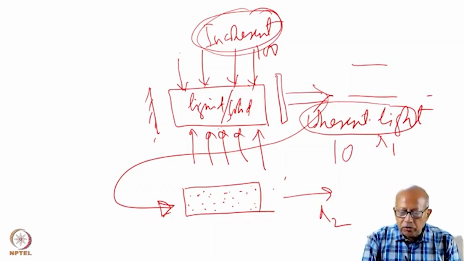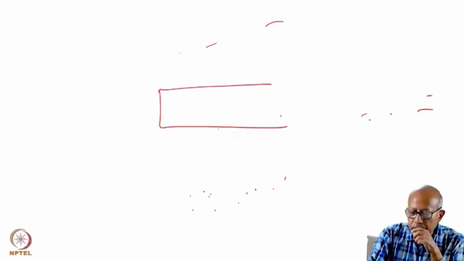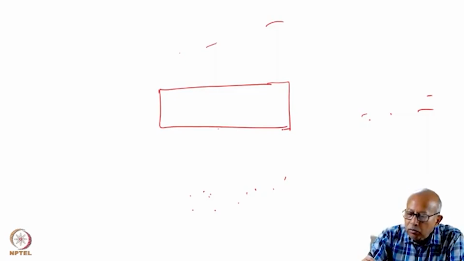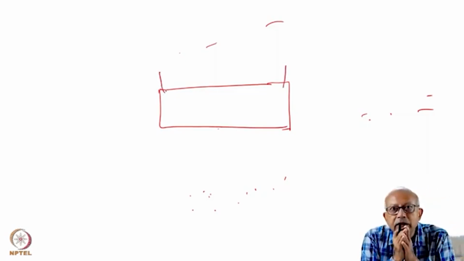So what you do in a gas laser, you enclose the gas in a discharge tube, and you use two electrodes and create a discharge inside it.